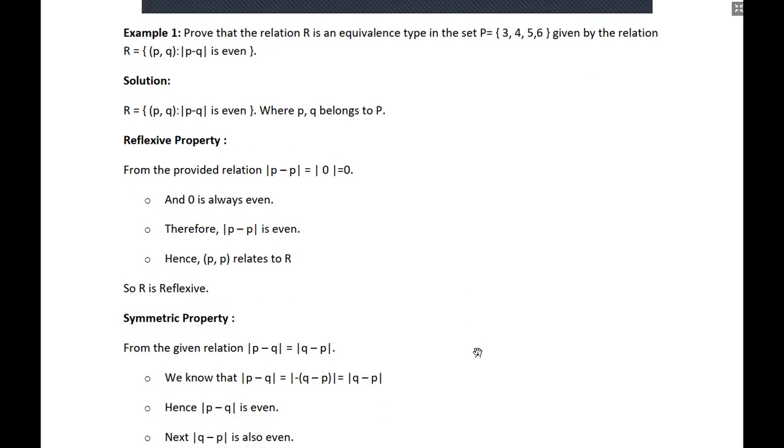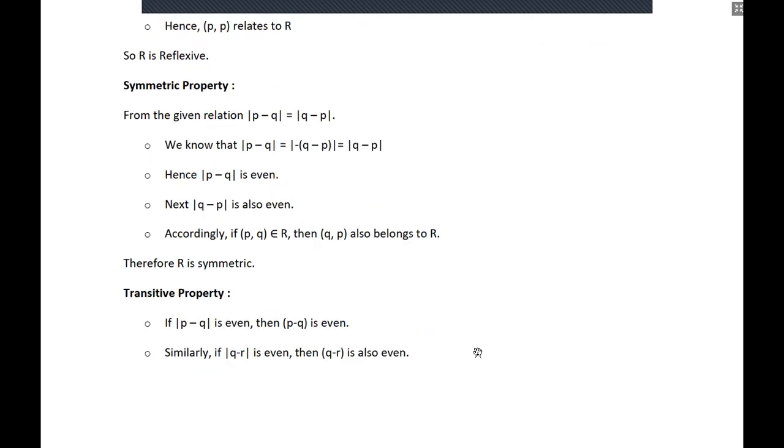Now we check the symmetric property. From the given relation, P minus Q, we can write it as Q minus P, because if you take the minus common, we can write it as Q minus P in absolute value. Both have the same value because the minus will be omitted according to the definition of the absolute function.